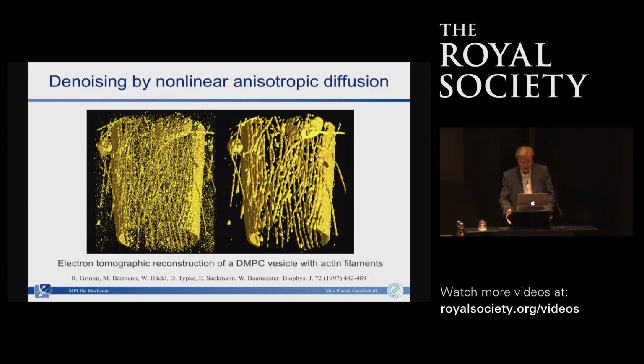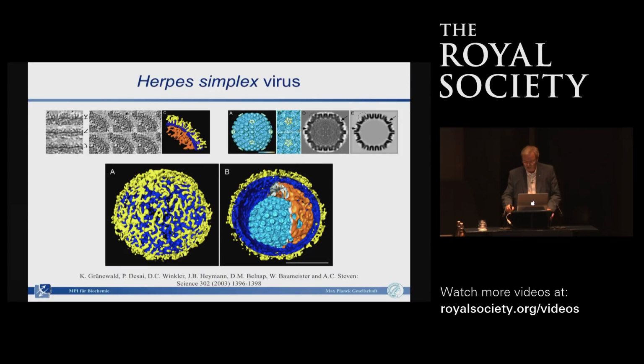I'm showing it only to make the point that because of the dose limitation, tomograms are noisy. And one way of dealing with that is to develop denoising methods, basically meant to improve or to maintain the signal, but to get rid of the noise. Now, there's a more powerful way of dealing with the noise.